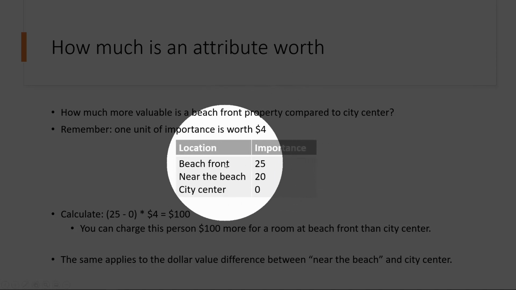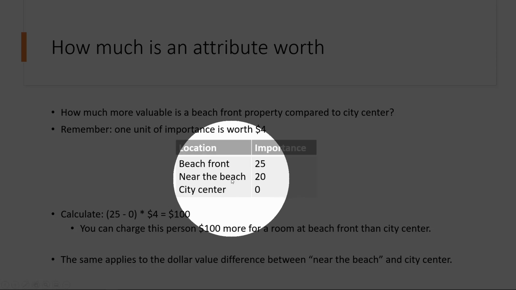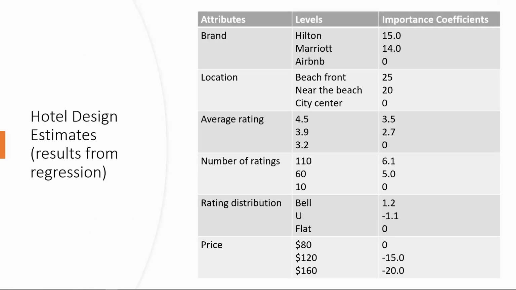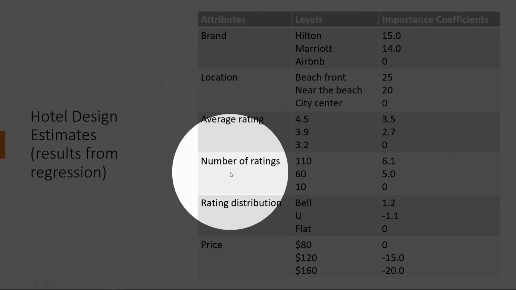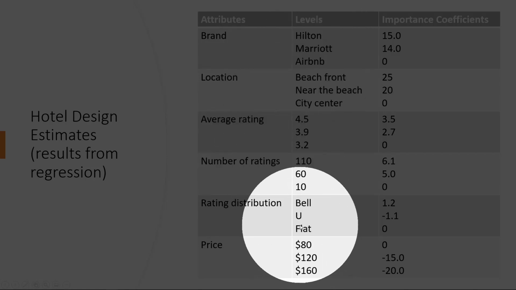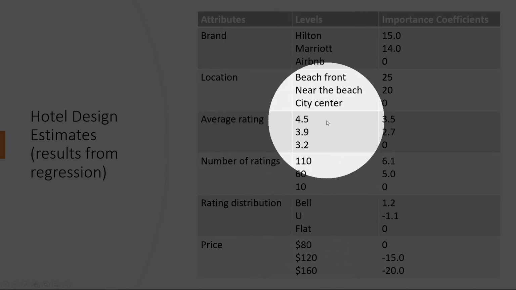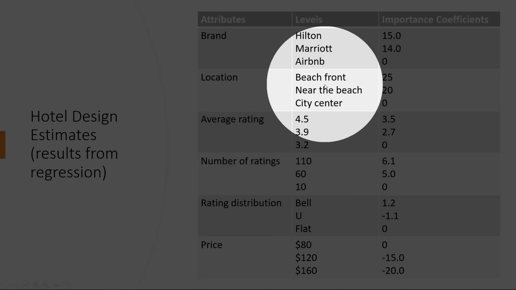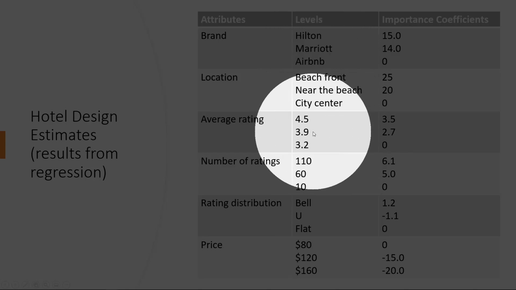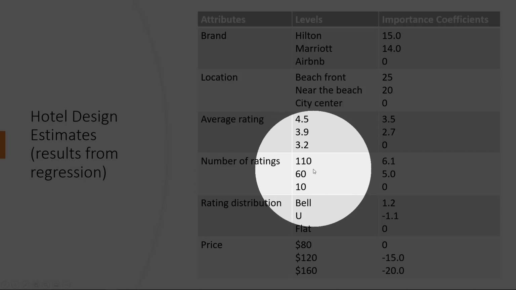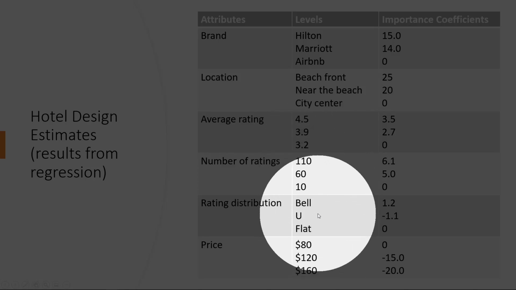So the difference in valuation between these two, beachfront and near the beach, is $20. So we can use that $4 per point to estimate a dollar value for all these attributes and all these levels. So our example demonstrated the difference for locations, and we can do it for brand name, we can do it for the average rating, number of ratings, or rating distribution, following the same principle.